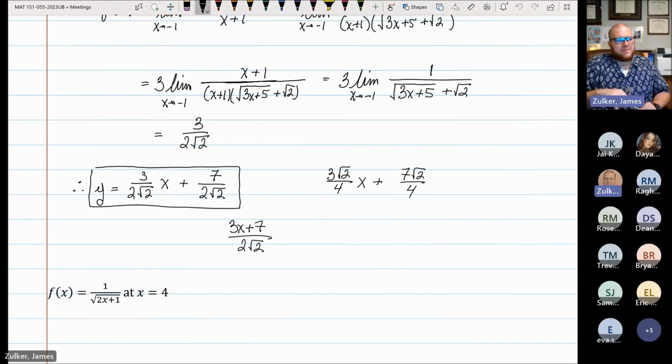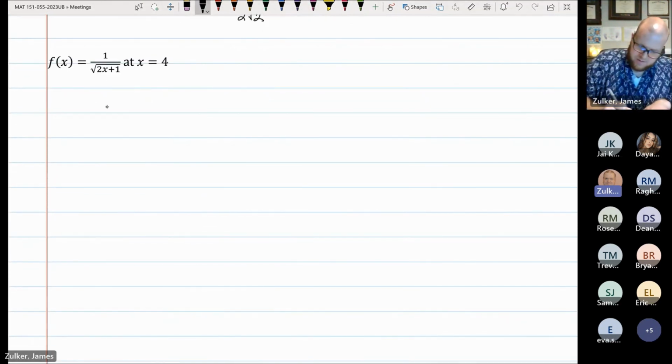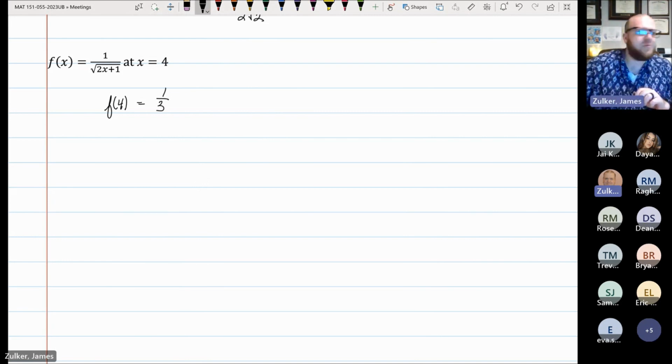Okay, last bit. F of 4 is going to be 1 over root 9, right? So 1/3.